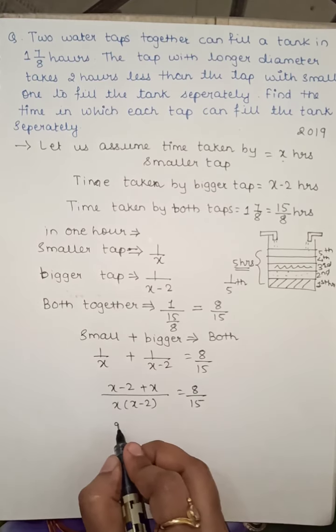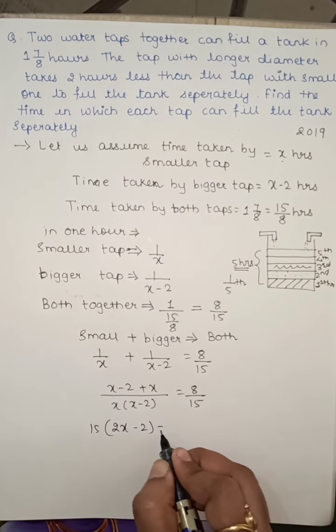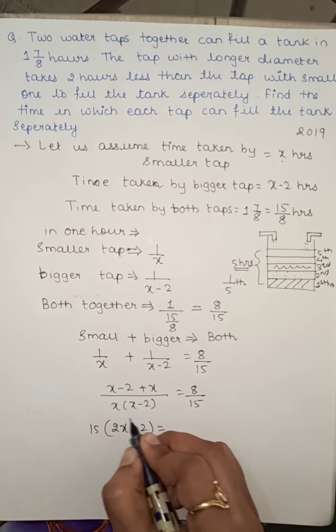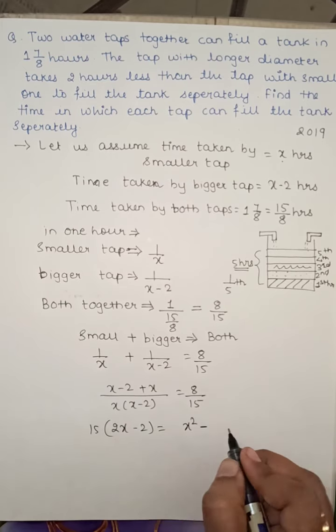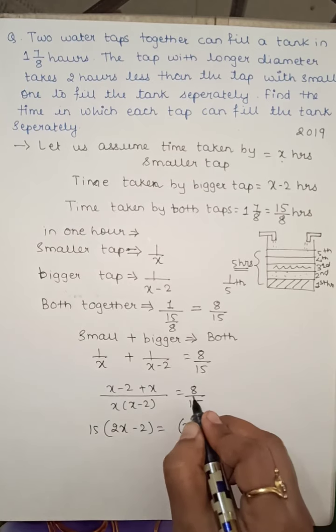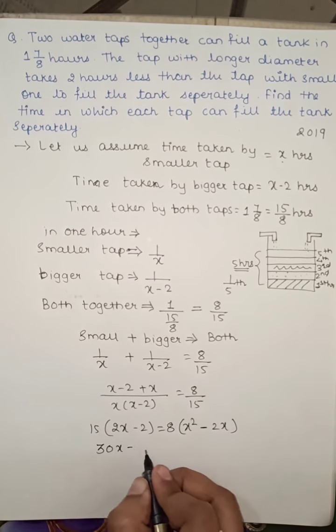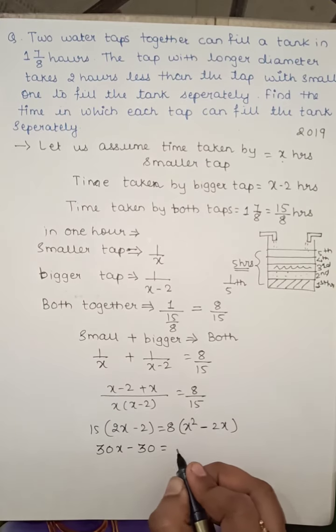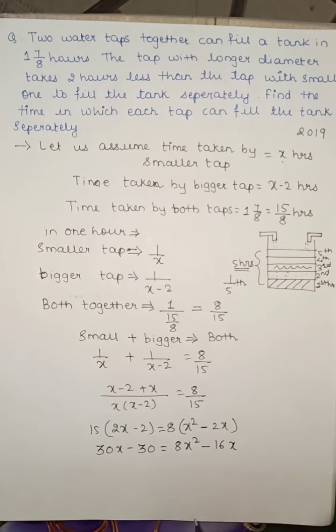So x into x minus 2. Bring this 15 to this side, it will go in multiplication, and multiply the numerator and shift it to the other side. So x into x is x square, minus 2 into x is 2x, and this will get multiplied by the numerator 8. So 15 into 2x is 30x, minus 15 into 2 is 30, 8 into x square is 8x square, minus 8 into 2x is 16x.